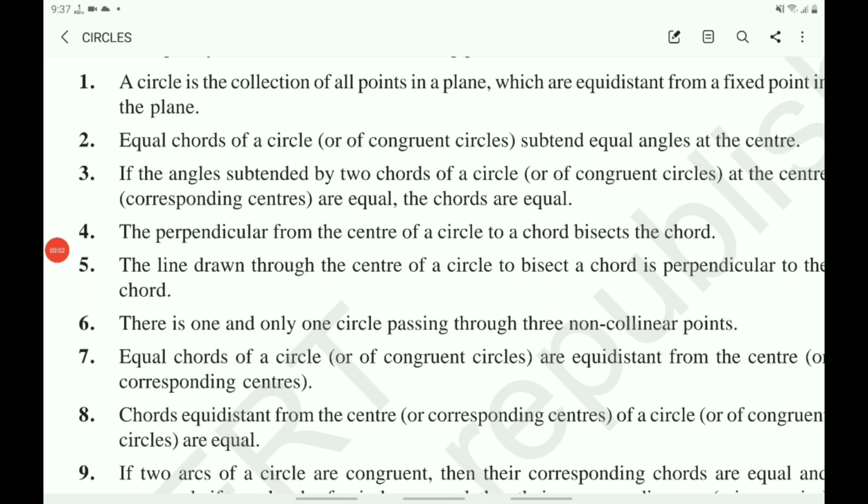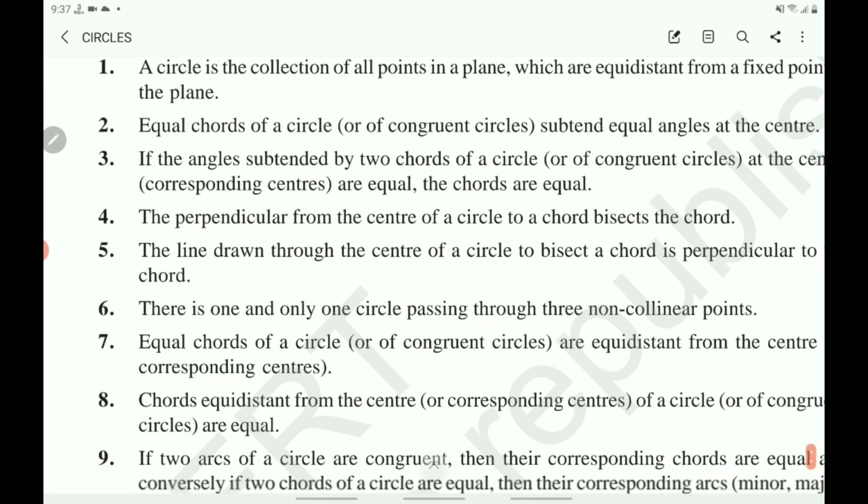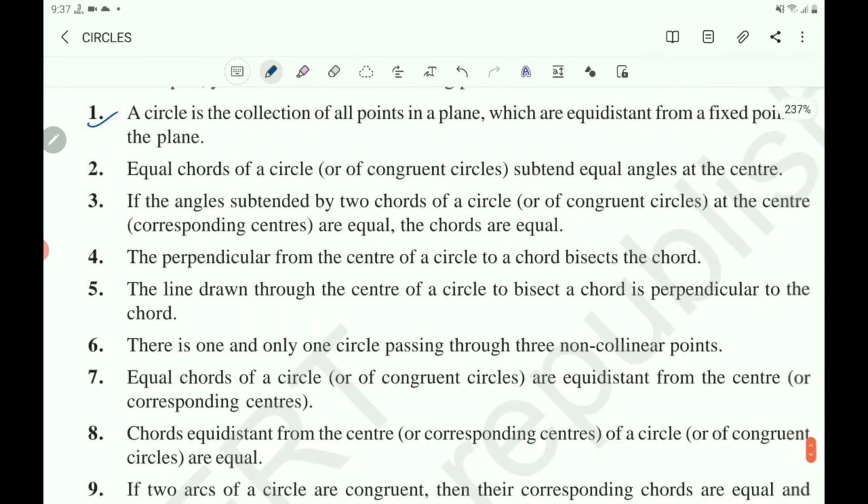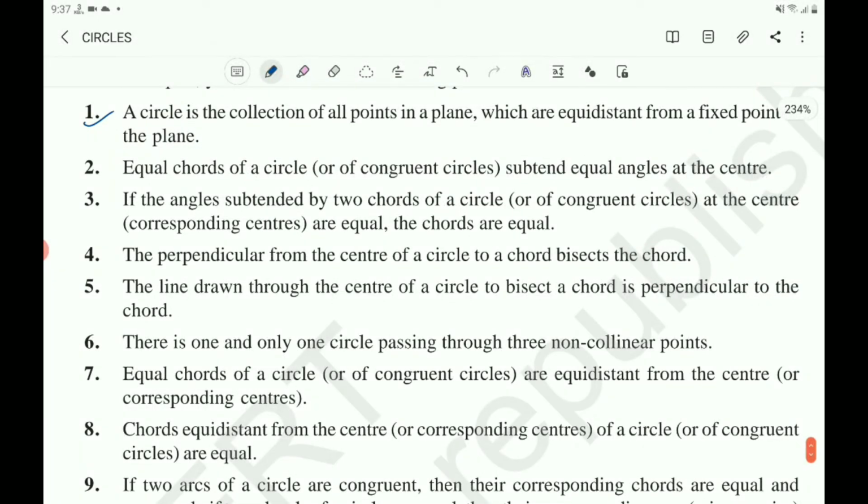Now let us glance at the summary of this chapter. So what are the points to be remembered here? First one is, a circle is the collection of all points in a plane which are equidistant from a fixed point in the plane.